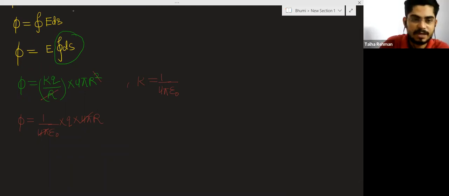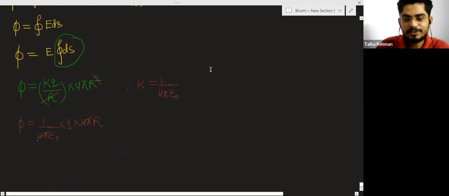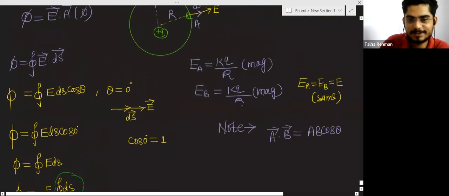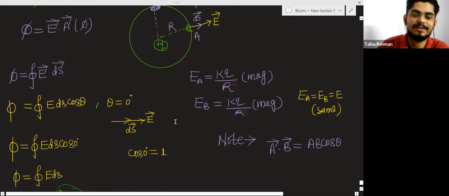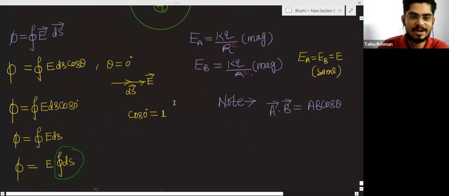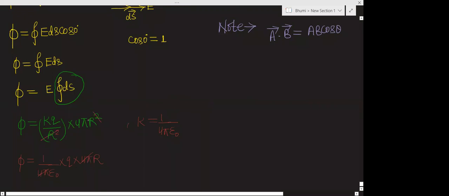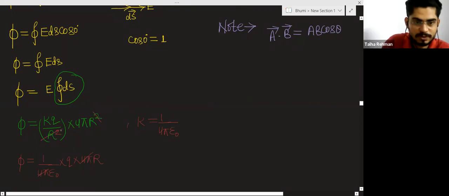Okay, sorry. The formula of the electric field is not kq by r. It is kq by r square. So there will be one more r in the denominator, and both will be cancelled out completely.